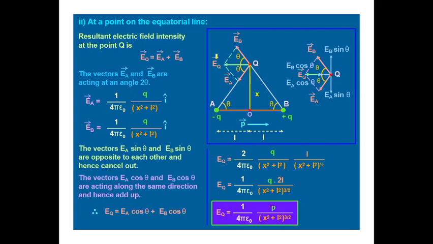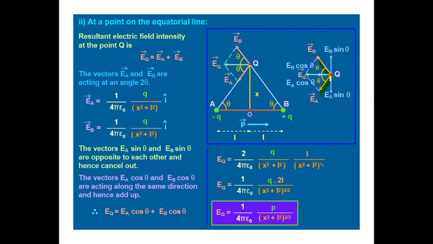So EQ is the resultant electric field. Now EA is resolved into two components. This is the angle theta, and this is also angle theta, alternate angles.